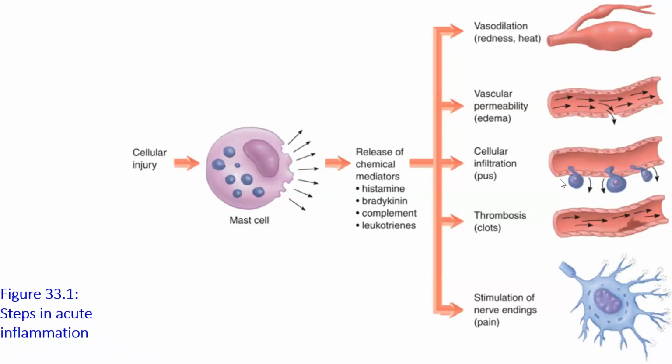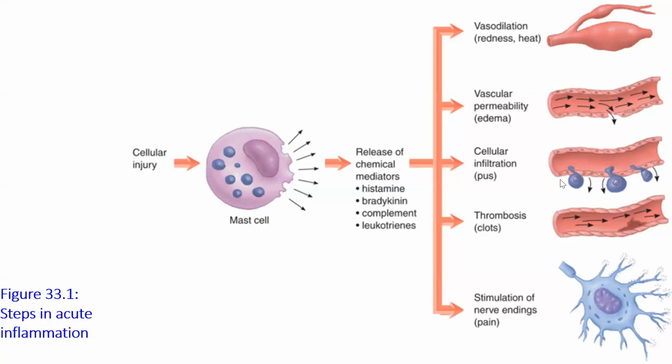This slide explains pretty much what we have just discussed earlier. Injury to the cell results in mast cell degranulation and the synthesis and release of chemical mediators like histamine, bradykinins, the complement system, the leukotrienes and others, and cytokines, and each of these chemical mediators results in a specific manifestation, like the first one at the top, the vasodilatation.